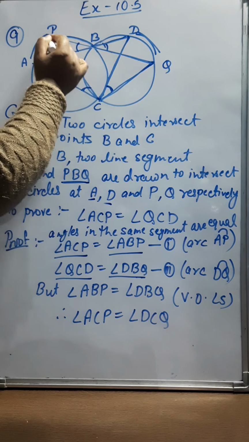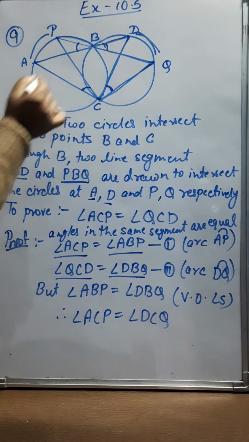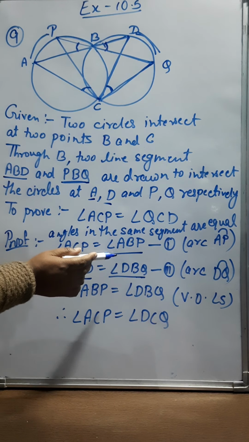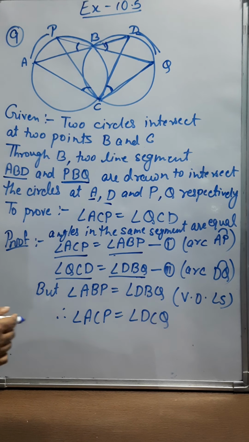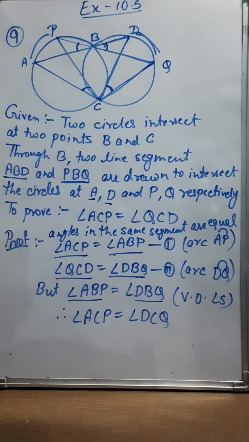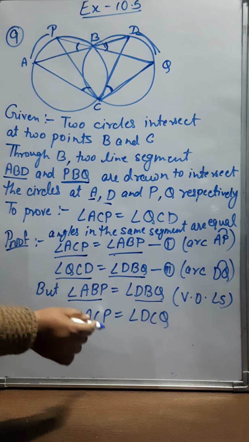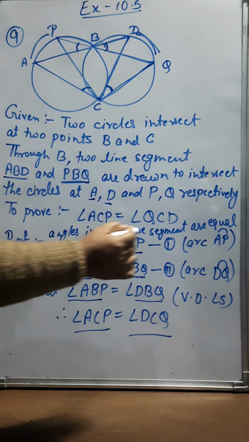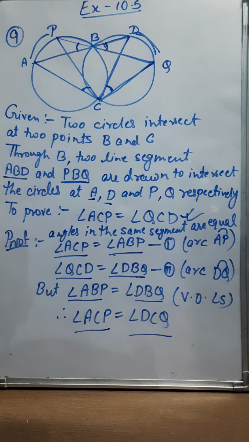Since ABD and PBQ are straight lines, these two angles will be vertically opposite angles. So we got the right hand sides of equation 1 and equation 2 equal, ABP is equal to DBQ. So clearly the left hand sides, which are ACP and DCQ, will both be equal, which is asked in the question.